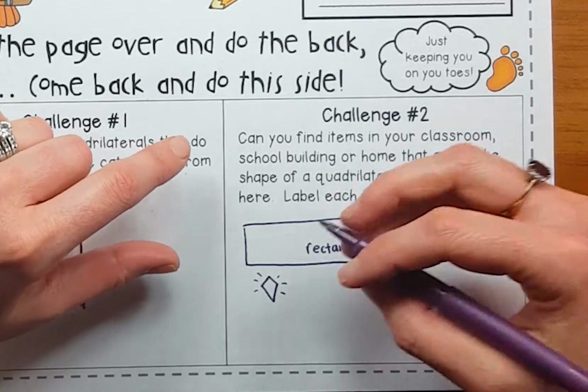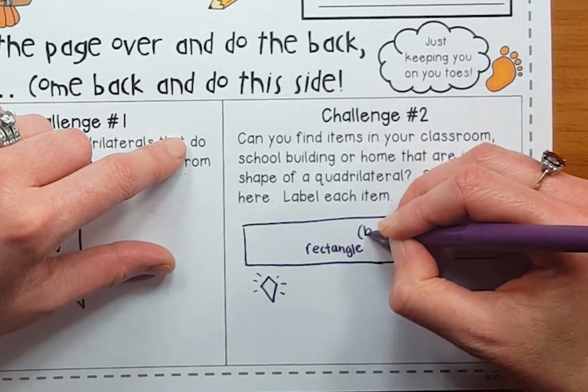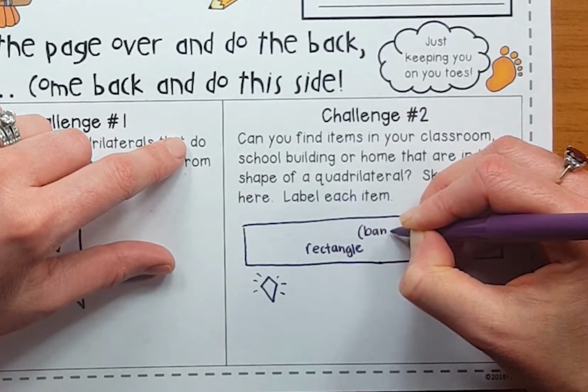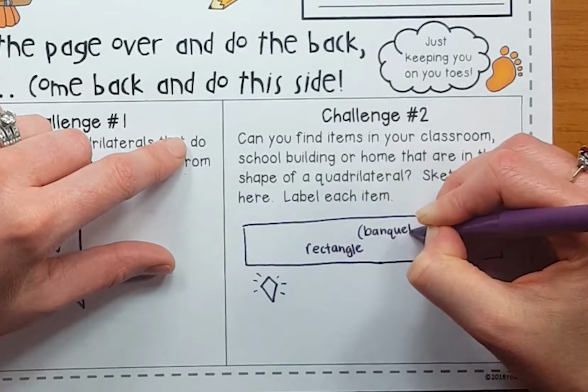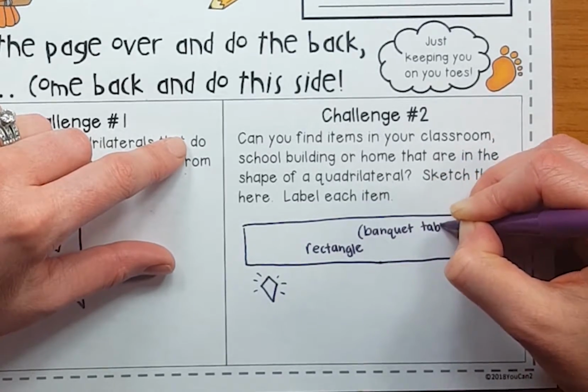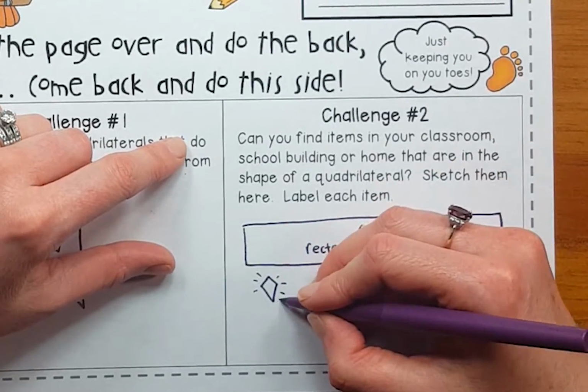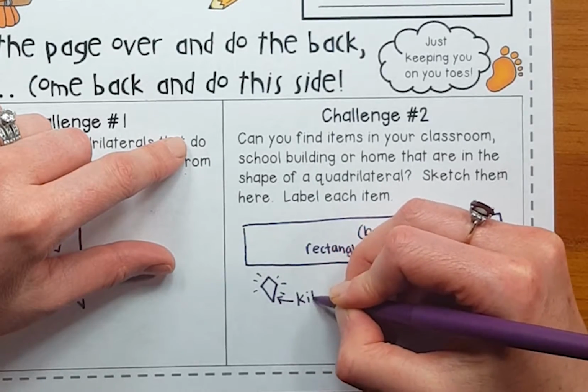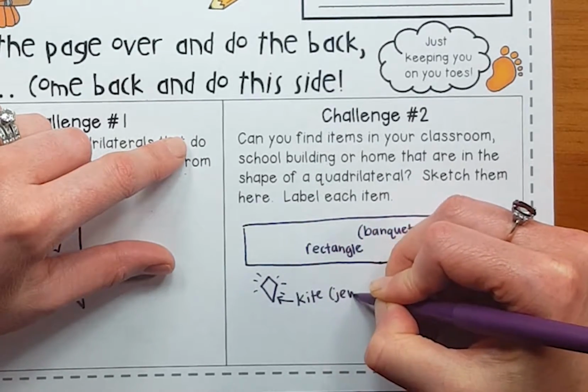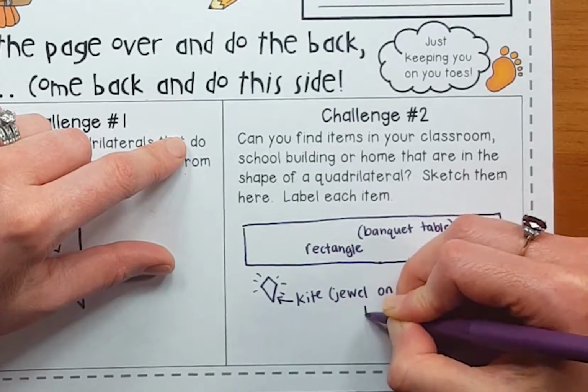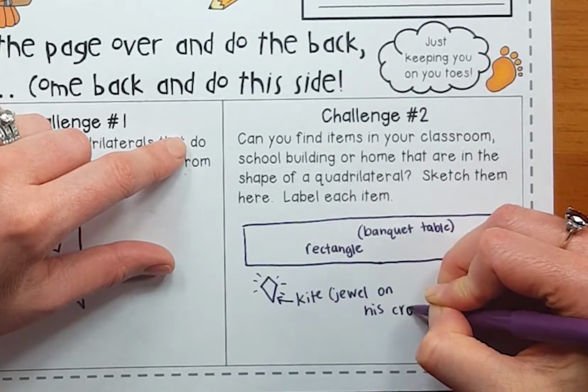So that is a rectangle, and this is his banquet table here. And this is a kite, and it's a jewel on his crown.